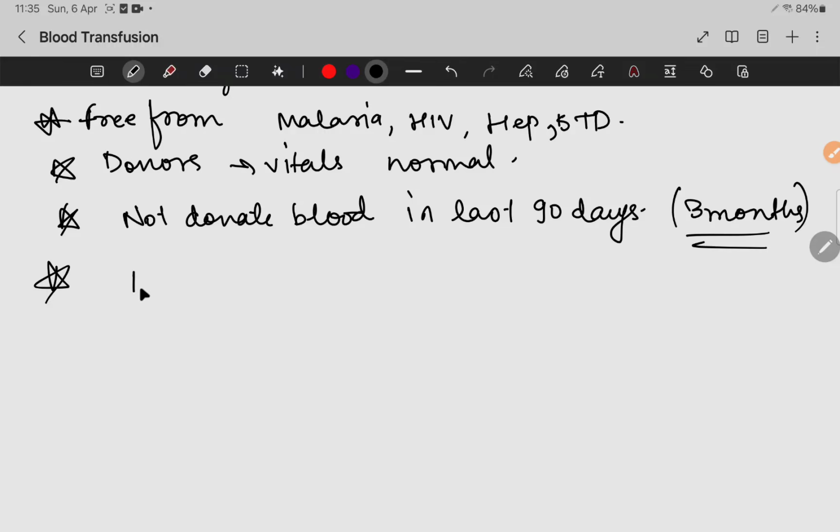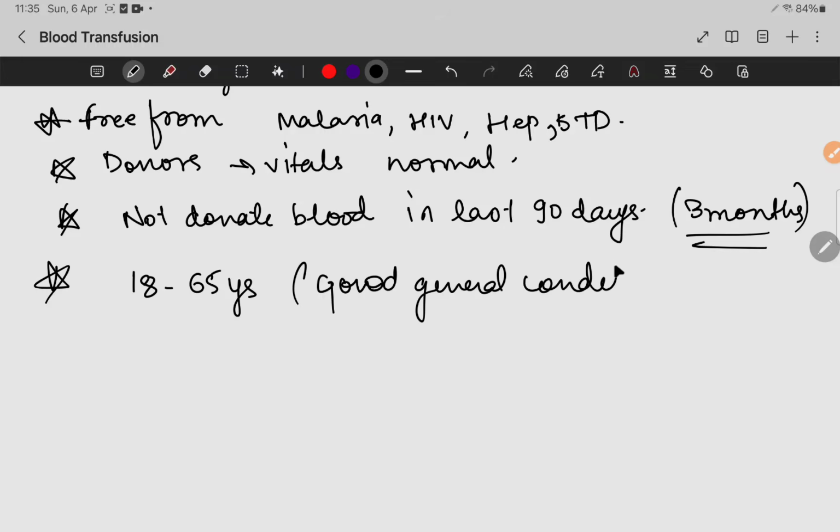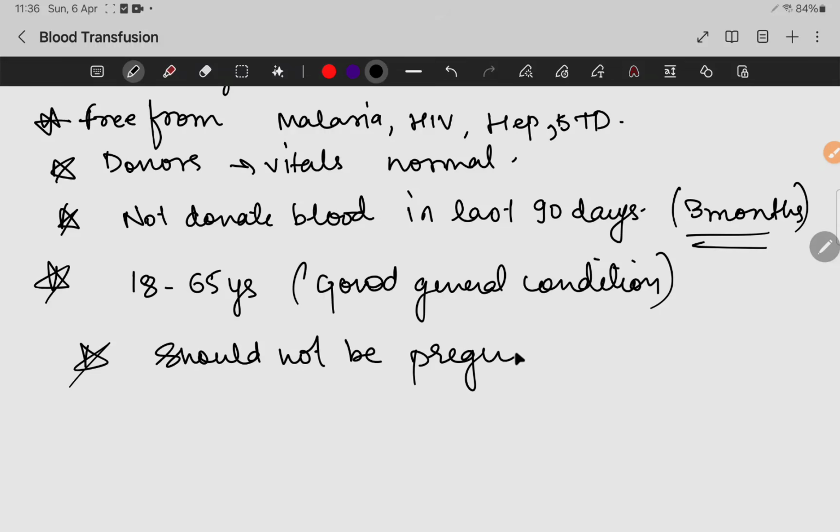Then the age should be between 18 to 65 years. Good general condition. Donor should not be pregnant in the last 6 months.